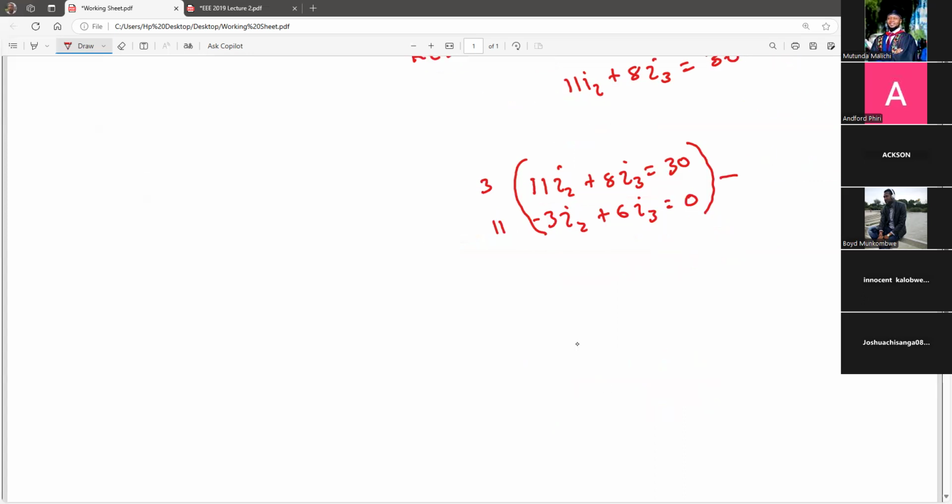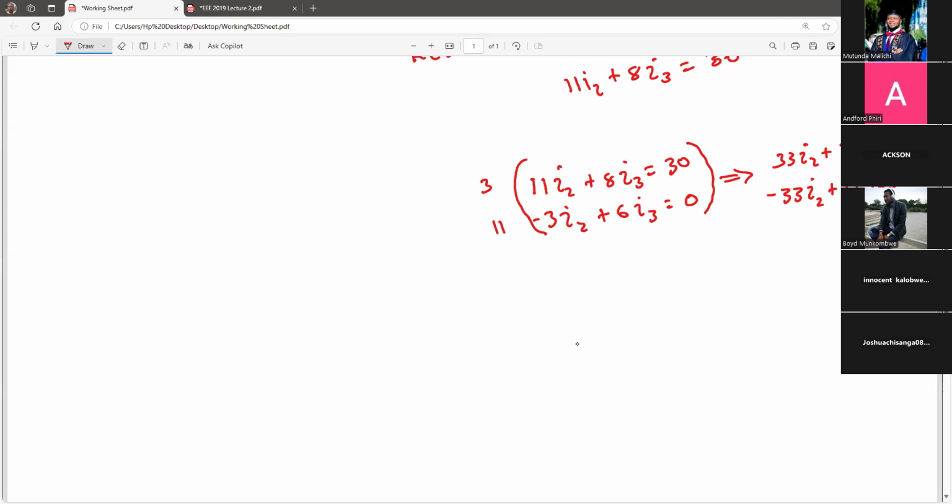So if I do that, then the one on top will give me 33 I2 plus 24 I3 is equal to 90. The one below will give me negative 33 I2 plus 66 I3 equal to 0.